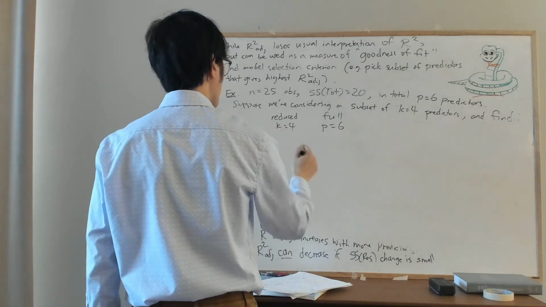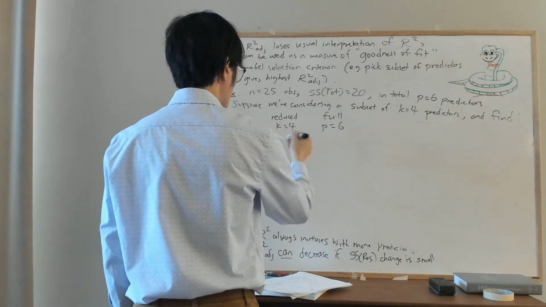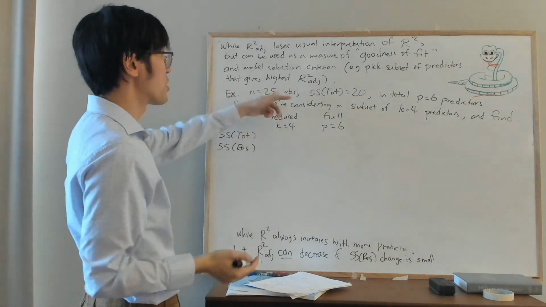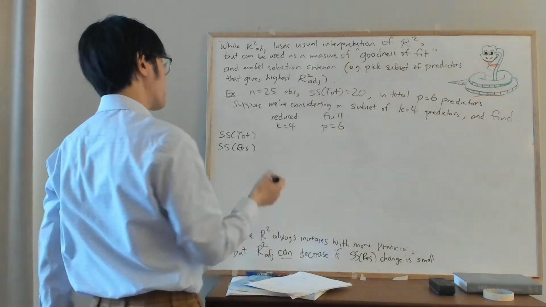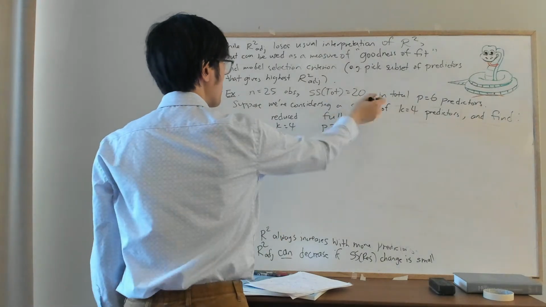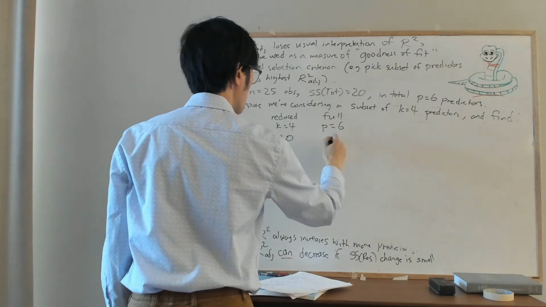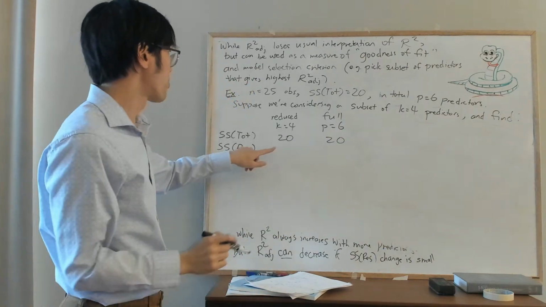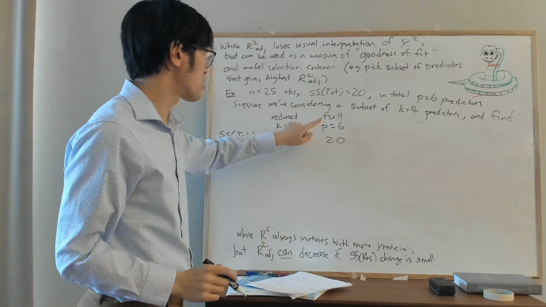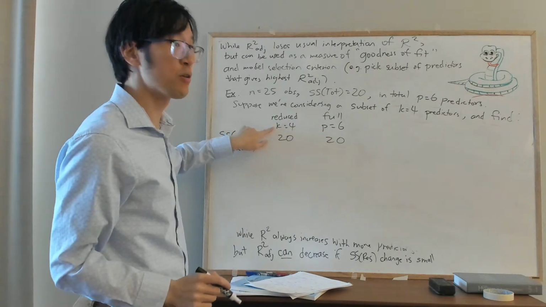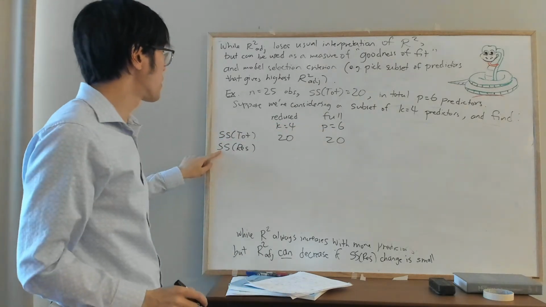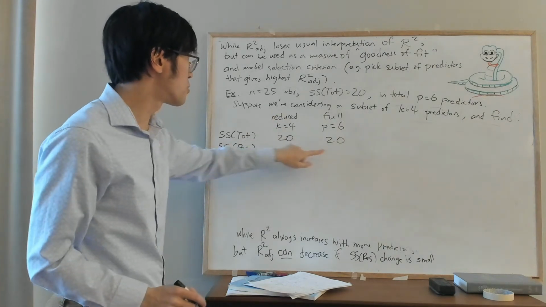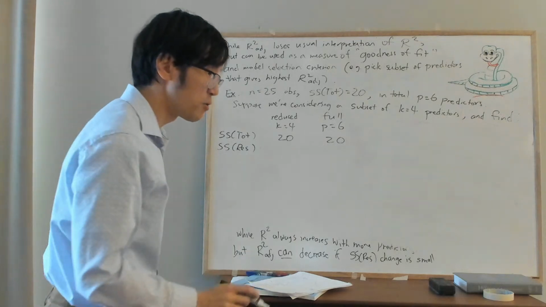Sum of squares total, recall, does not change because we're dealing with the same 25 responses. So it's given here as 20, so we can fill it in. But what will change when we add variables to the model? Going from 4 predictors to 6, we already learned that the sum of squares residual, going from reduced to full, has to decrease.